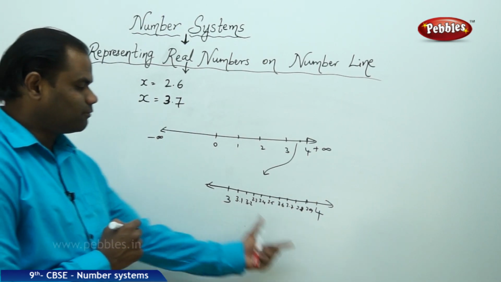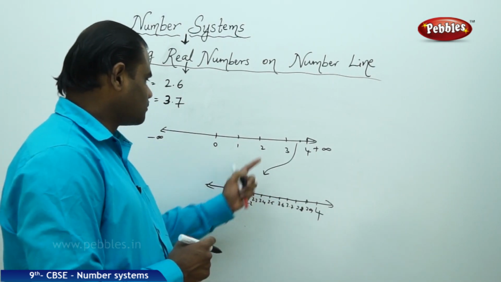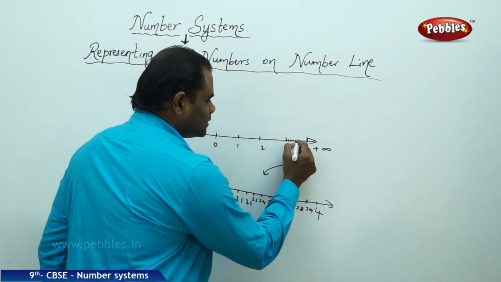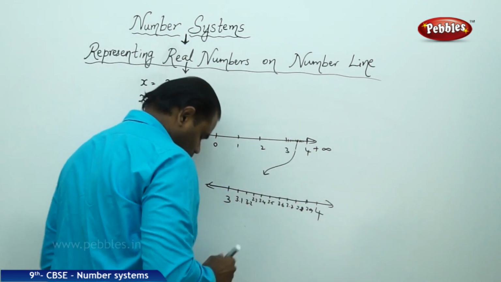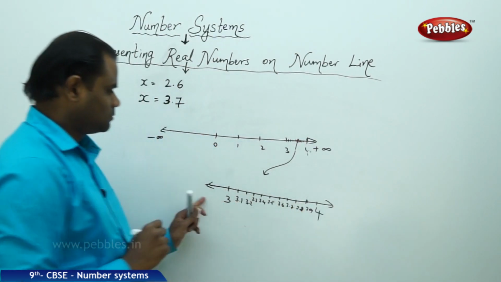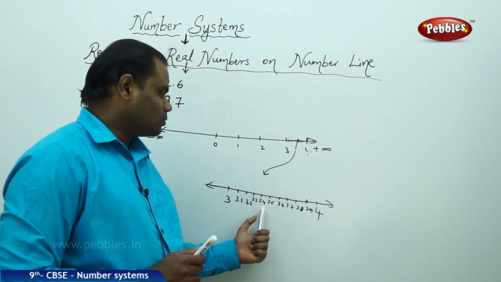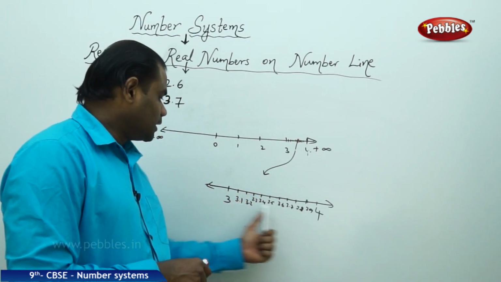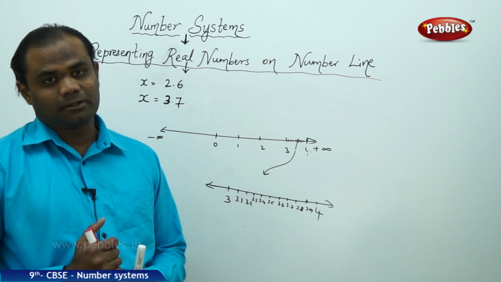So between 3 and 4, I again subdivide the scale into 10 units, each unit being 3.1, 3.2, 3.3, and so on up to 10. This is how I get this point, exactly the 3.7, which is located by using the second number line out here. So my 3.7 is located through subdividing the scale between 3 and 4 units again into 10 different units, so that I can exactly locate 3.7 on the number line.